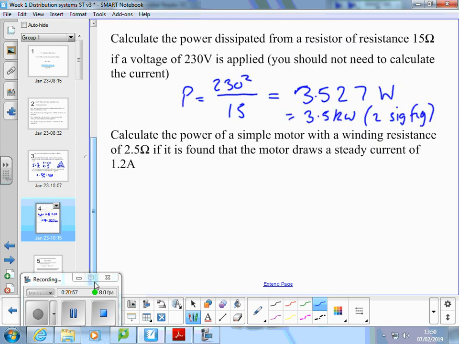So calculate the power of a simple motor with a winding resistance of 2.5 ohms if it's found that the motor draws a steady current of 1.2 amps.